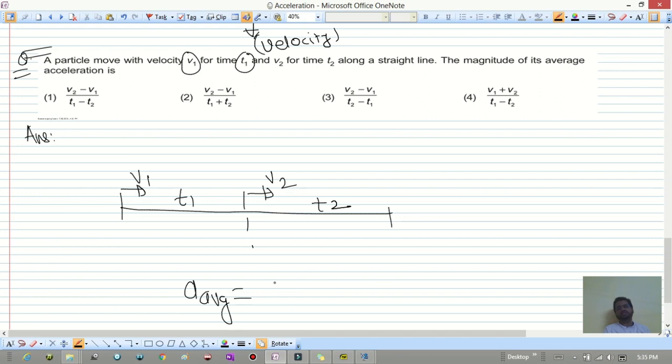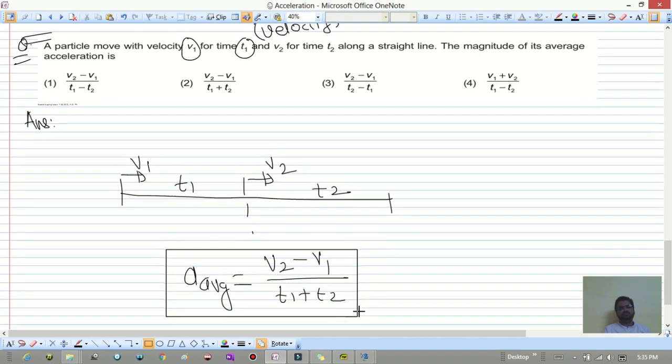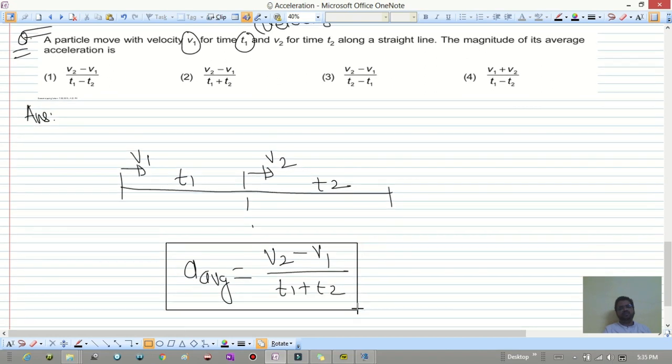It is v2 minus v1 divided by the total interval of time, t1 plus t2. It's very simple, right? v2 minus v1 by t1 plus t2. This is the average acceleration which we have.